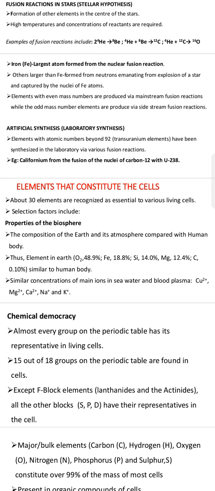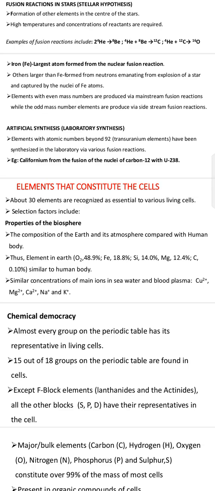When you combine them, you get 12, and the element with the mass number 12 is carbon. So after bringing together beryllium and helium, you will definitely get carbon, which has a mass number of 12.